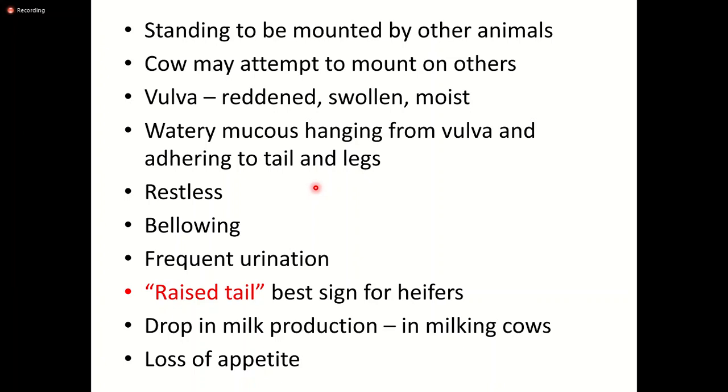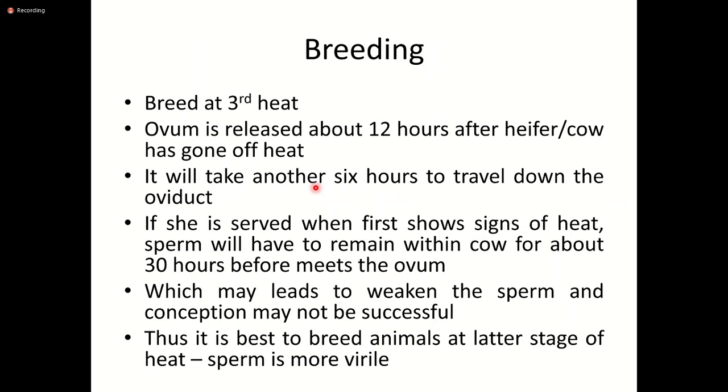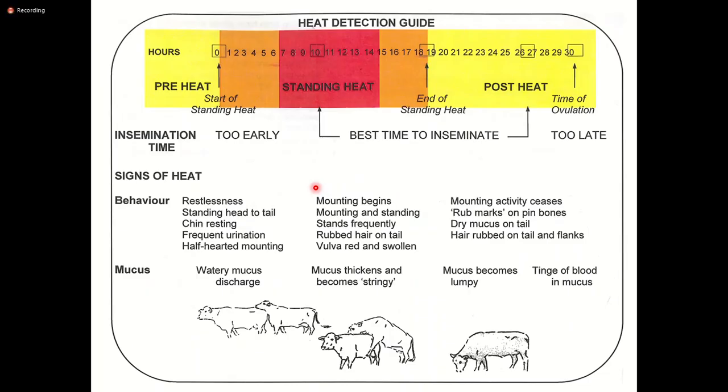These are shown by these animals during that particular time period, so we can observe them, right? They are restless, the tail is raised, urination, letting others mount on them, mucus discharge. Once you observe these signs, you know these animals are ready for this process. Then you start the breeding process, right?